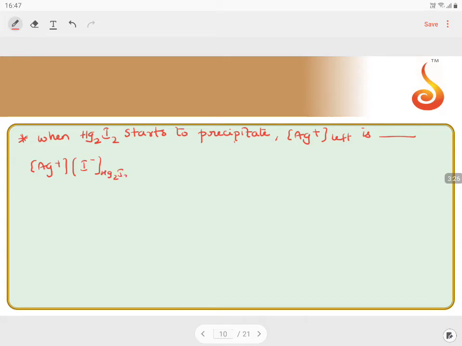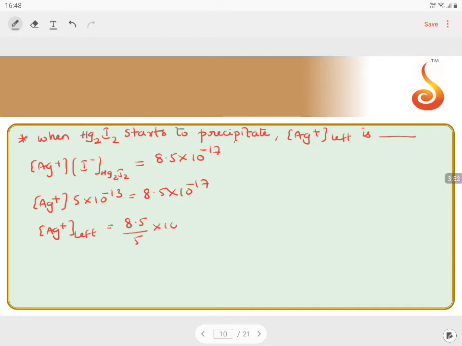The solubility product should not be changed, 8.5 × 10^-17. So the concentration of Ag+ times I-, which is 5 × 10^-13, equals 8.5 × 10^-17. Now the Ag+ left will be 8.5 divided by 5 × 10^-4, which is 1.7 × 10^-4 molar.